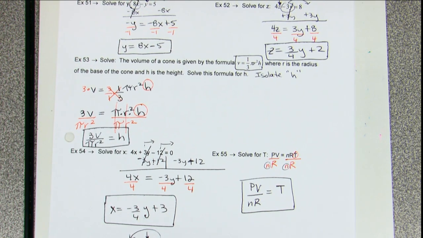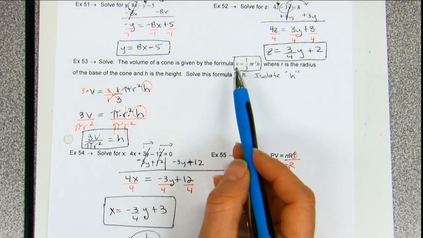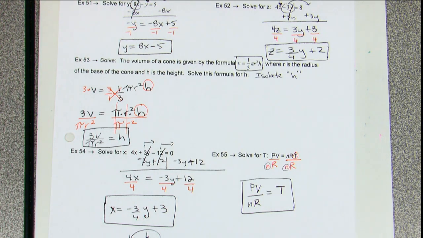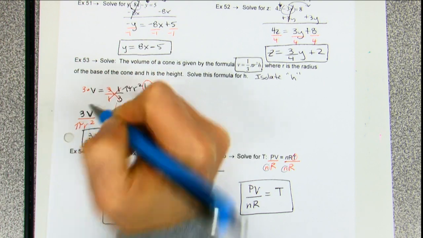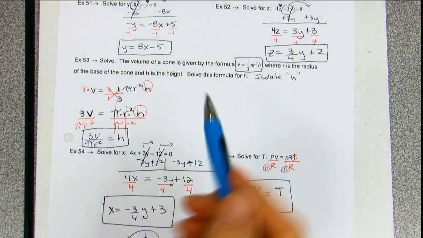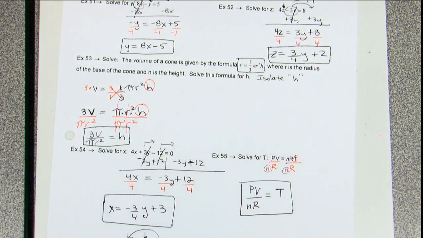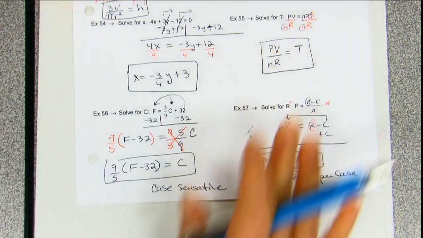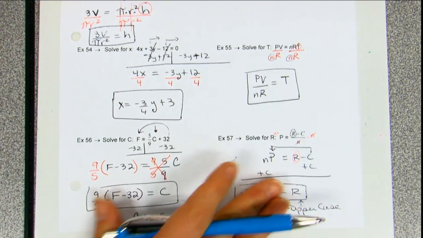I think this one is a commonly missed one because this V, I think in WebAssign might be capital, so just pay attention to that, because if it's a capital V in WebAssign, then it should be a capital V when you enter it. I know in my example it looks like a lowercase. I can't remember if it is or not, but just be aware that WebAssign is case sensitive. It's the way they program the answers, and so you do need to answer that correctly.